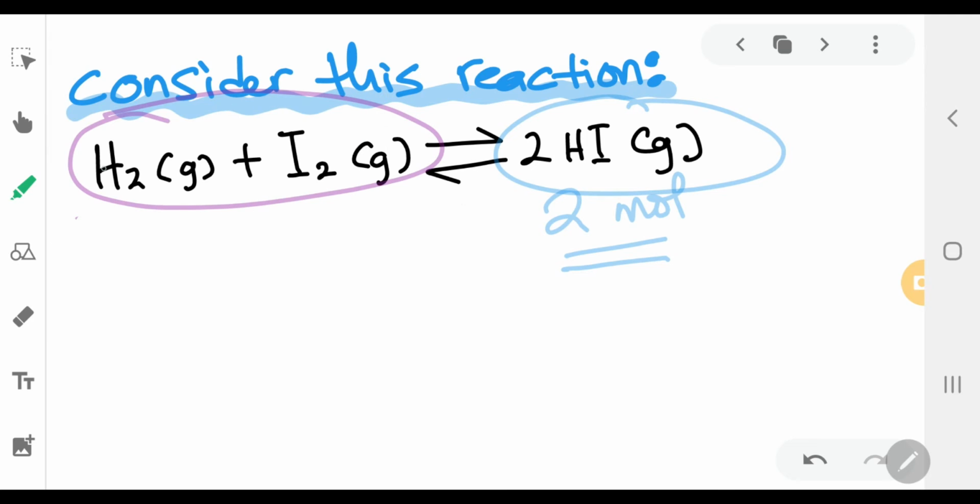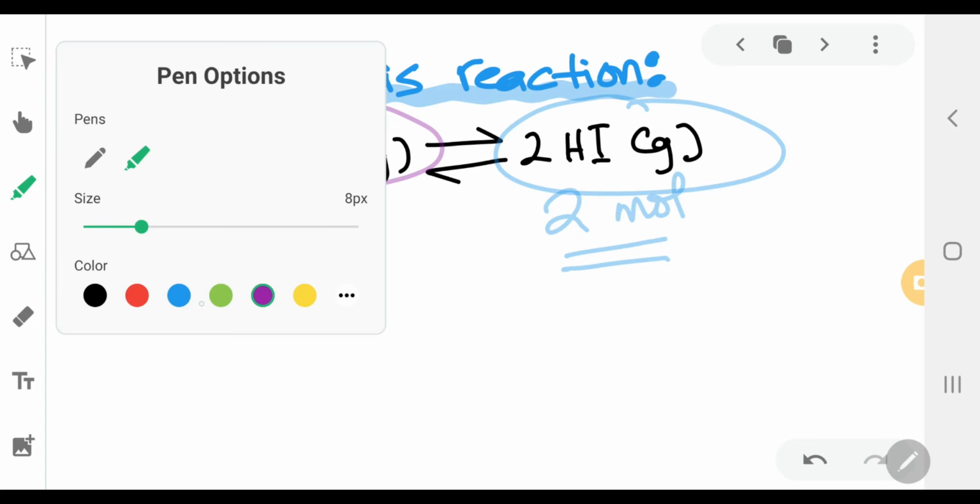Over here you have 1 and 1, 1 plus 1 is 2, so 2 moles of gaseous species as well. In this case, you have 2 moles of gas on the reactant side and 2 moles of gas on the product side. They have the same number of moles of gaseous species. What will happen?